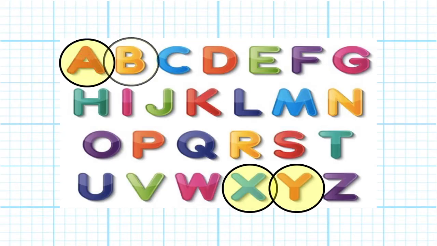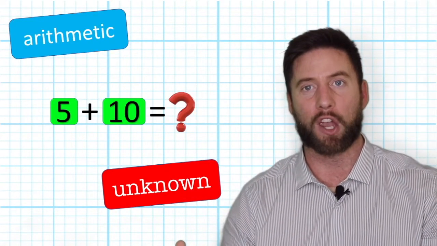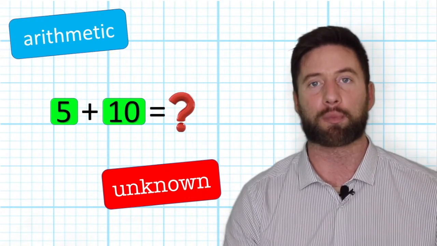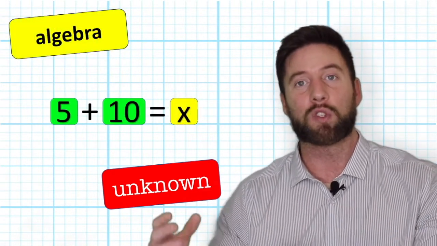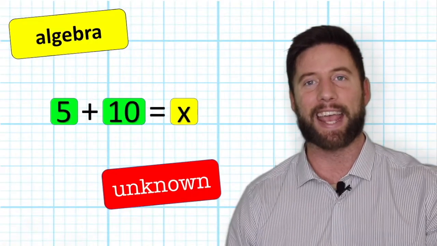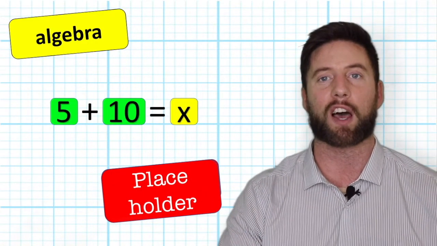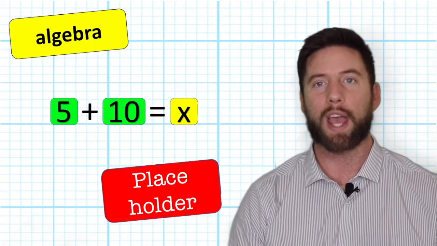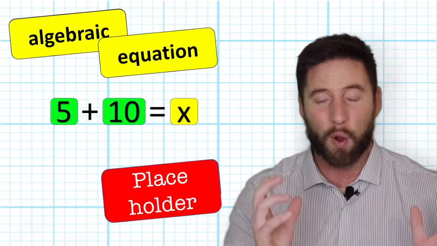So in arithmetic, we would leave it as this: 5 plus 10 equals unknown. In algebra, we would have 5 add 10 equals X. The X in this case is a placeholder, and it stands for the number that we have not got the answer for yet. So what we have created is a very basic algebraic equation.